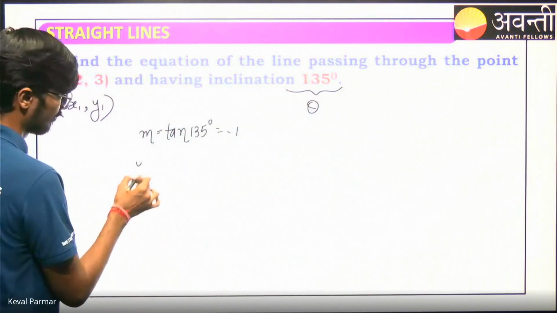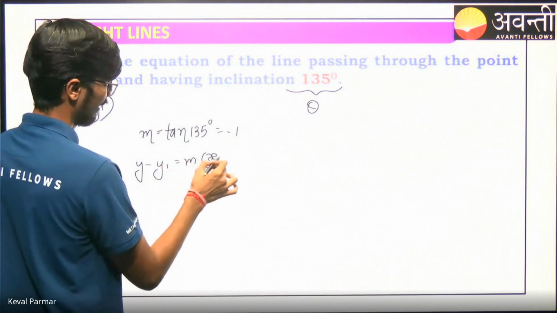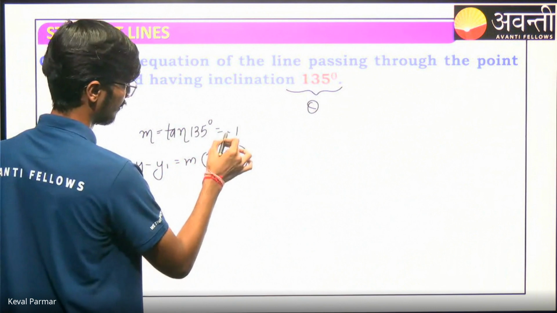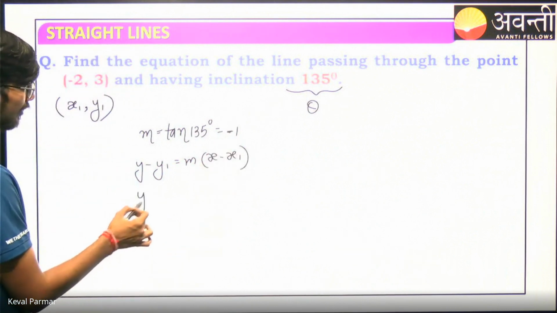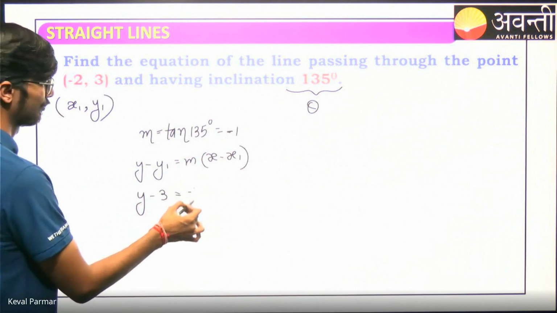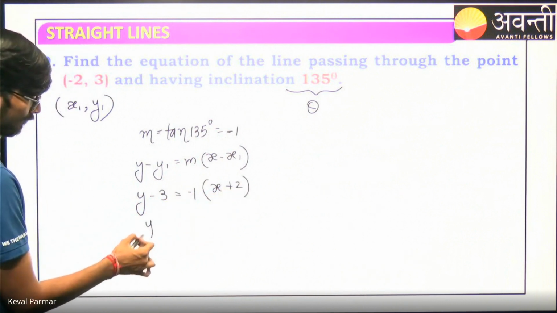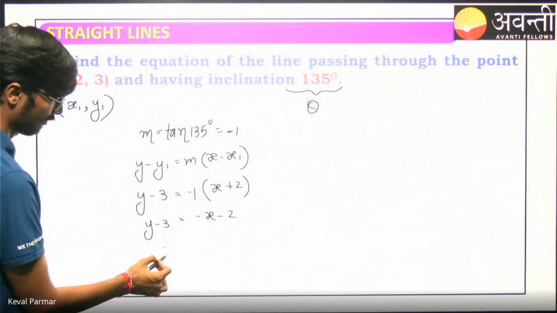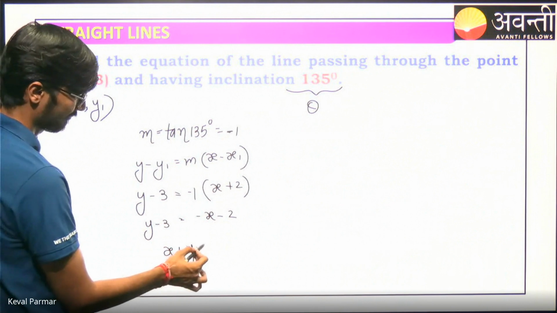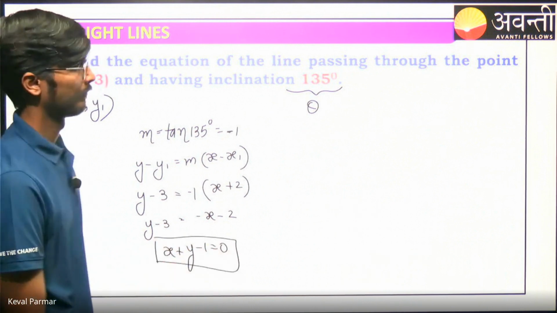The equation is y minus y1 equals m times x minus x1. So let's substitute. y minus 3 equals minus 1 times x plus 2, it will become, right? So y minus 3 equals minus x minus 2. Let's take everything on the left hand side. x plus y minus 1 equals 0. Simple. Got it, guys?